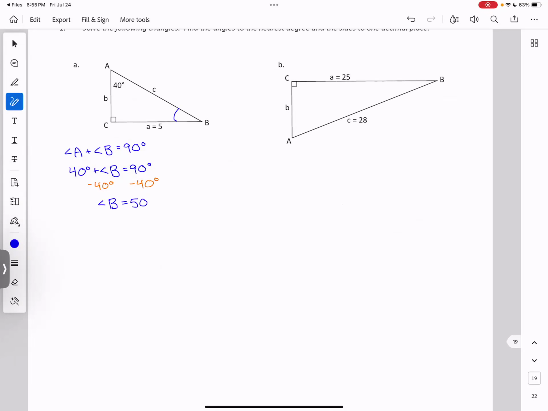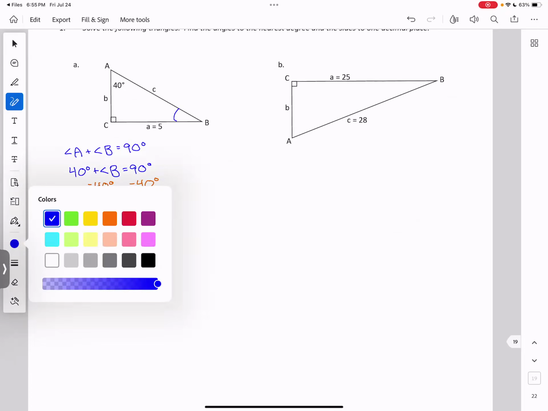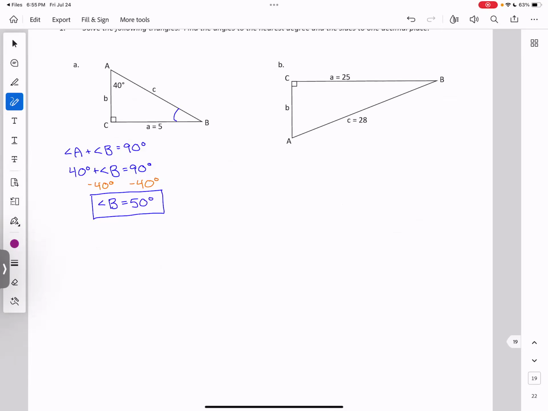Okay, where do we go from here? Well, where possible, I suggest using the information that's been given to solve further sides, because we could use angle B as our target angle, but if we made a mistake there, then it's just going to lead to downstream errors.